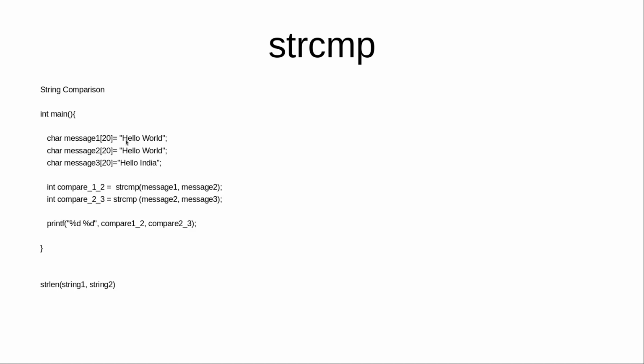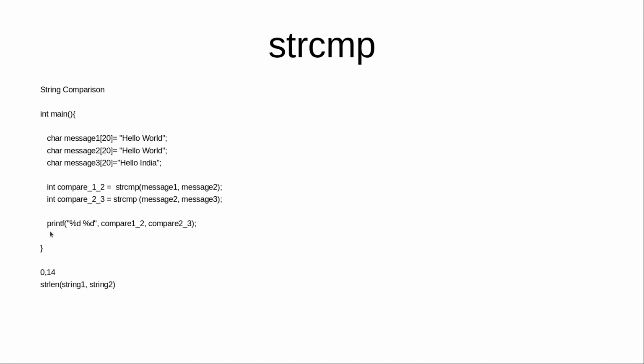Message1 is "hello world" and message2 is again "hello world", so we want to know that both are exactly equal. In the second case, int compare2,3, we are comparing "hello world" and "hello India", and we want to know that these two strings are different.